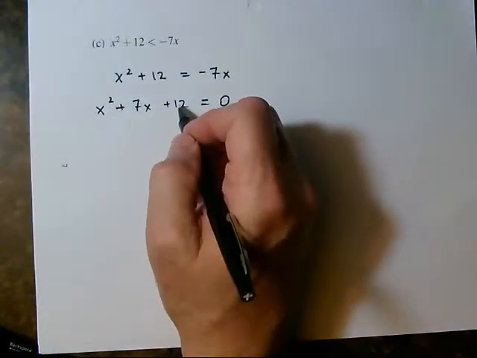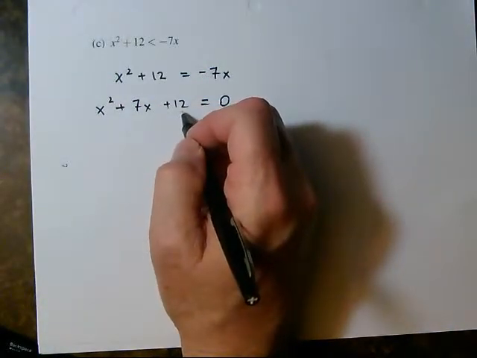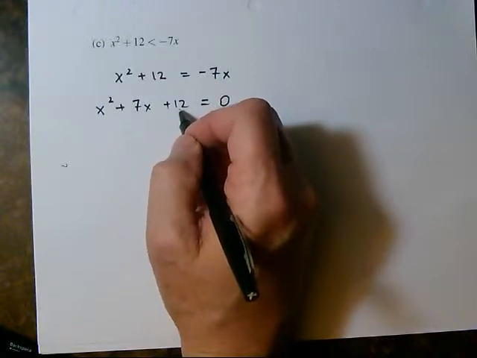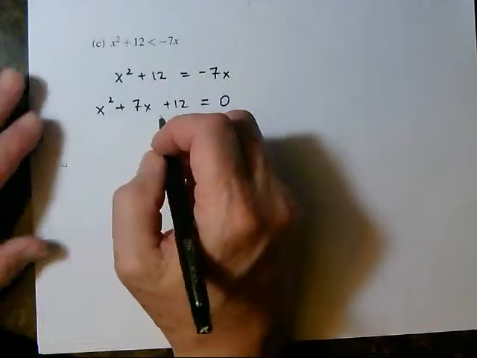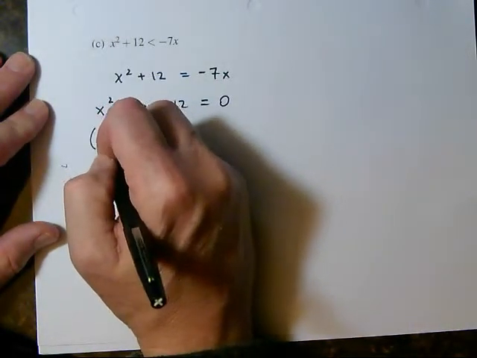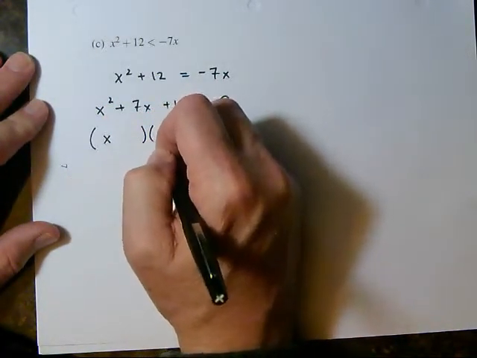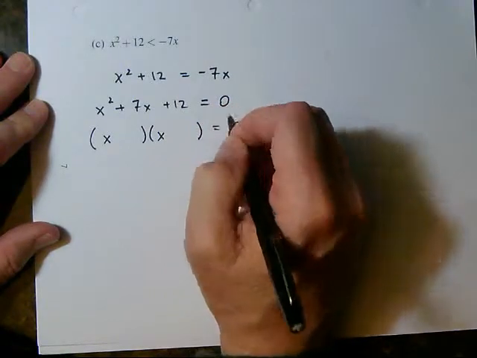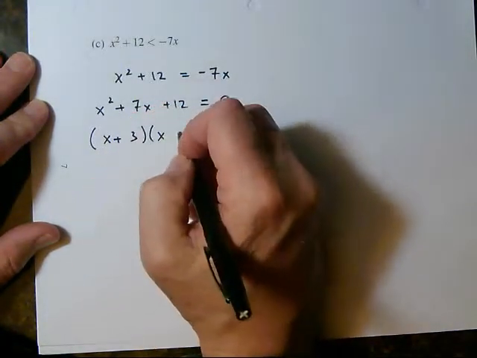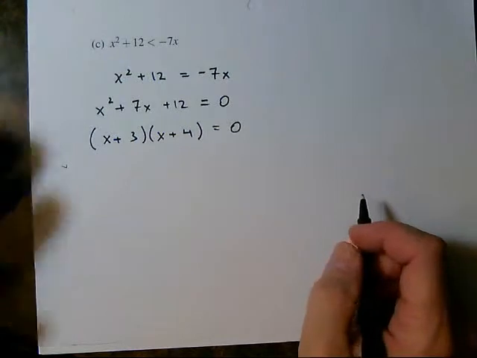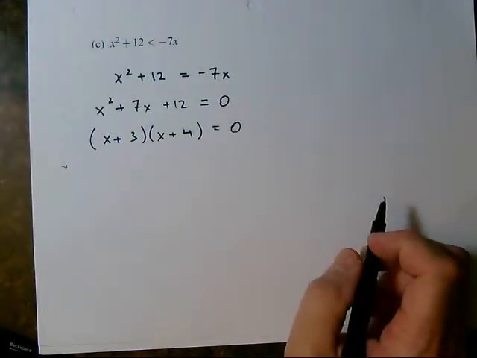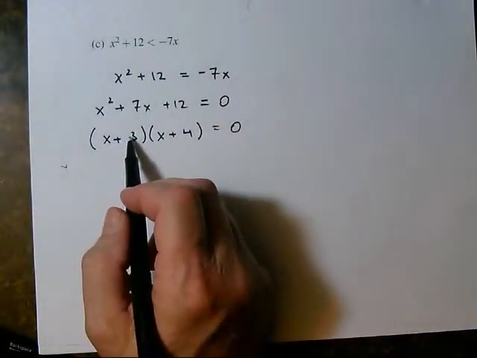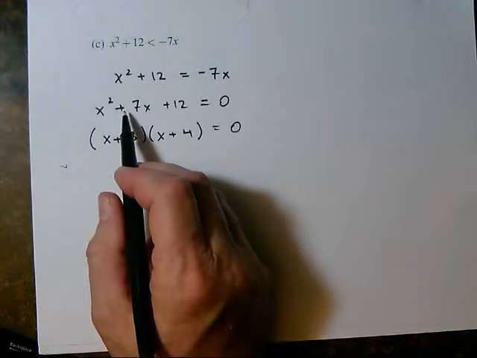If I look at that and I say to myself, 12 is the product of what numbers? I think 12 and 1, 2 and 6, 3 and 4, and I think, well, a positive 3 and a positive 4 would add together to make a 7. So, very quickly, with a little bit of putzing around perhaps, I arrive at the factorization x plus 3 times x plus 4.